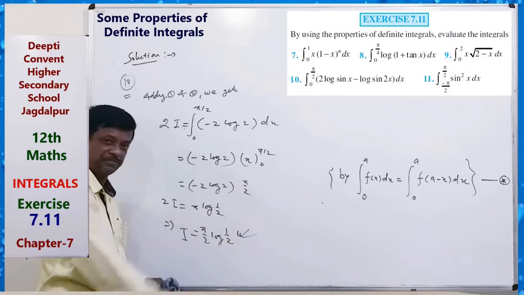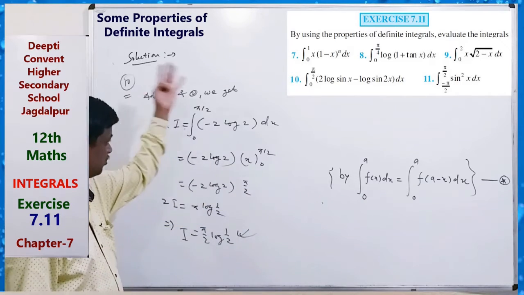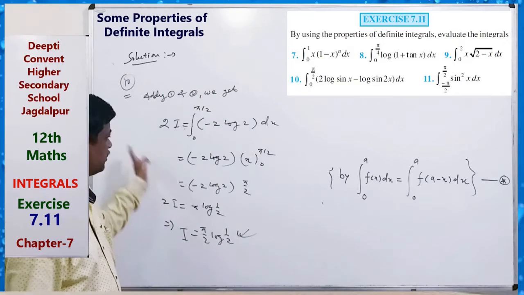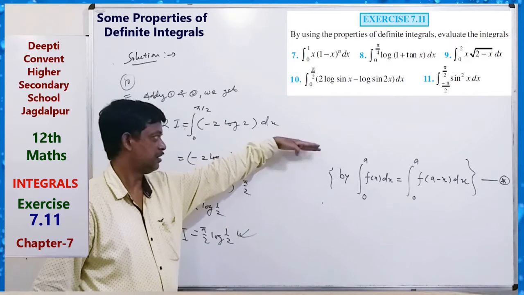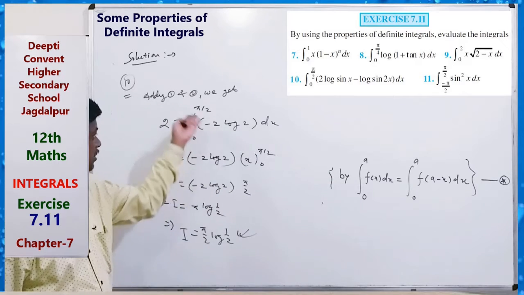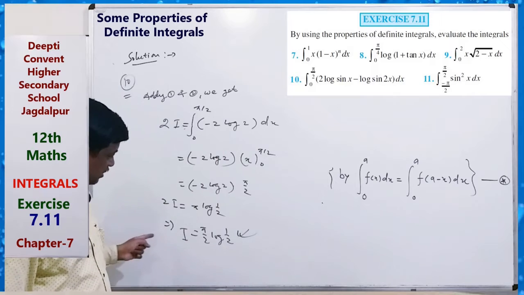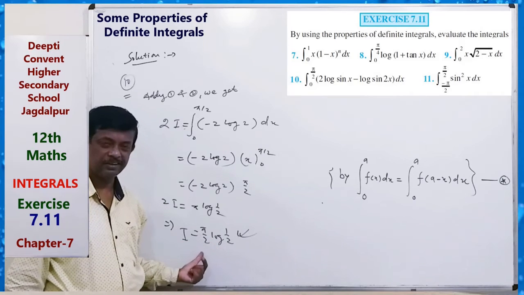This is the answer. Clear? So using this property also, we first adjust the given integral, then apply the property, then add, and we get a simple value on the right hand side, which we can integrate. This is the value of the integral.